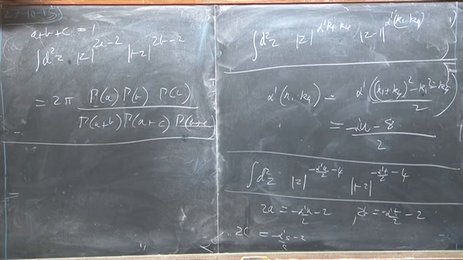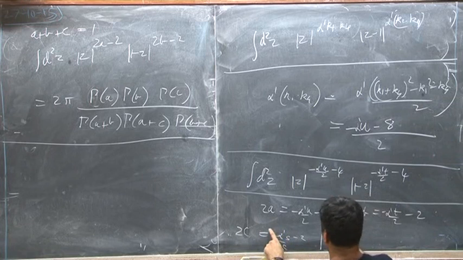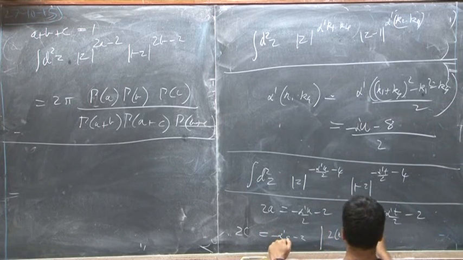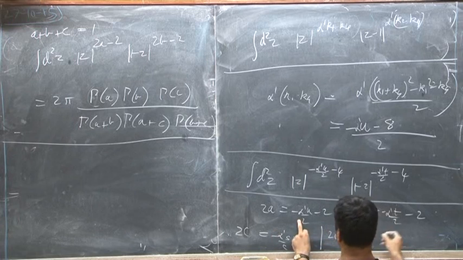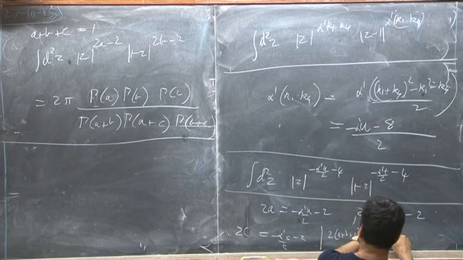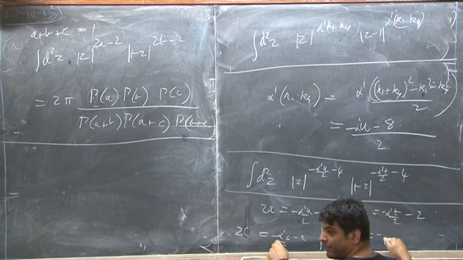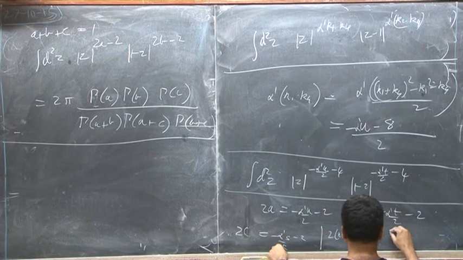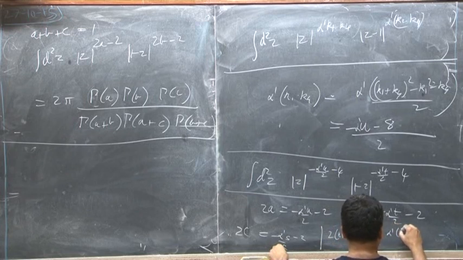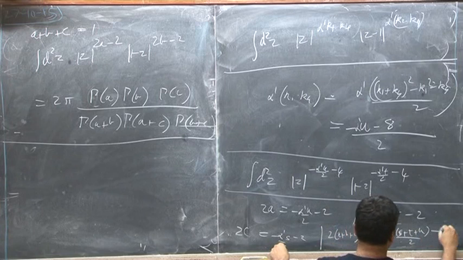Let's just check what it gives. It gives 2 into A plus B plus C is equal to minus alpha prime u minus alpha prime t minus alpha prime s by 2, that is alpha prime into s plus t plus u by 2, minus 6.